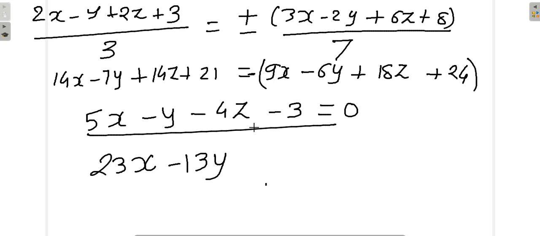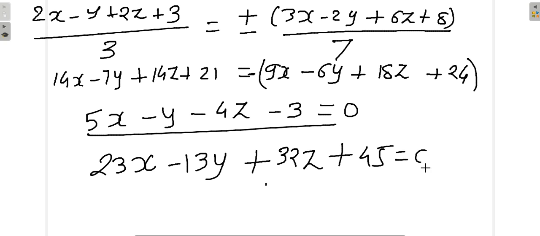So 18 plus 14 is 32, and 21, this minus 24 becomes plus 45. So this is the one which may bisect the acute, and this is the one which bisects the obtuse.